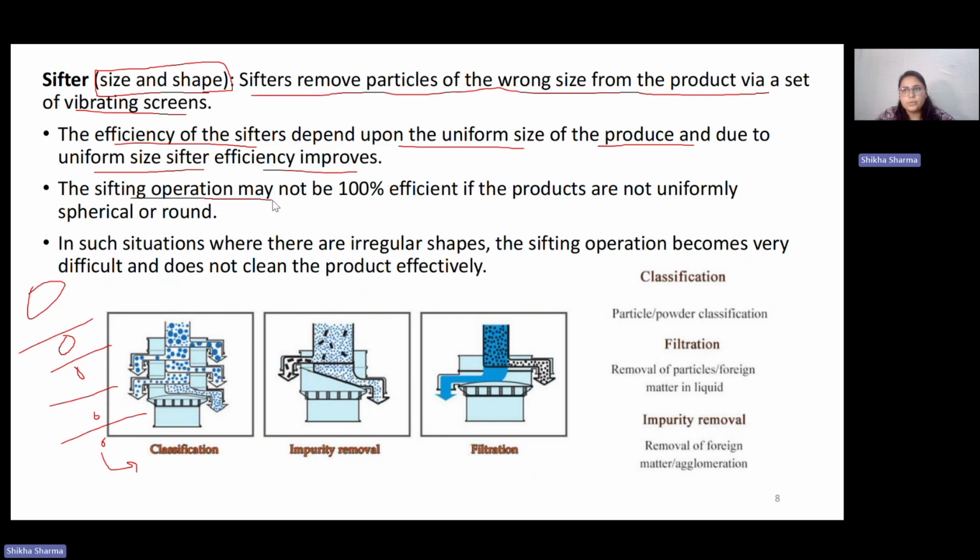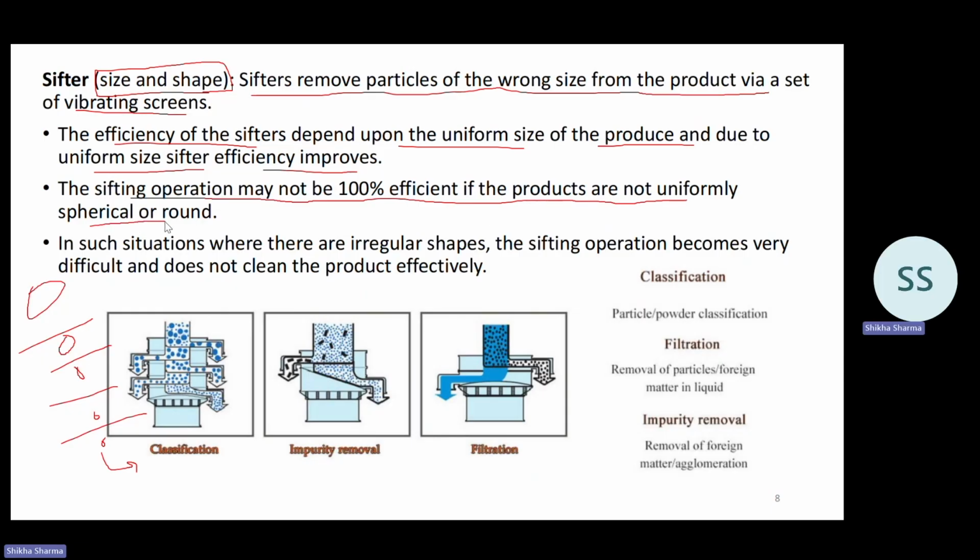The sifting operation may not be 100% efficient if the products are not uniformly spherical or round. If the product is uniformly spherical or round, the sifting process will be better, faster, and more efficient. But if the size or shape of the product is not spherical or round, or not uniform, it will affect the efficiency of the sifting process.